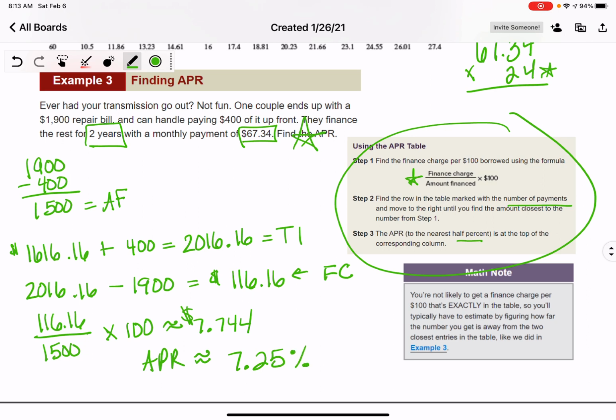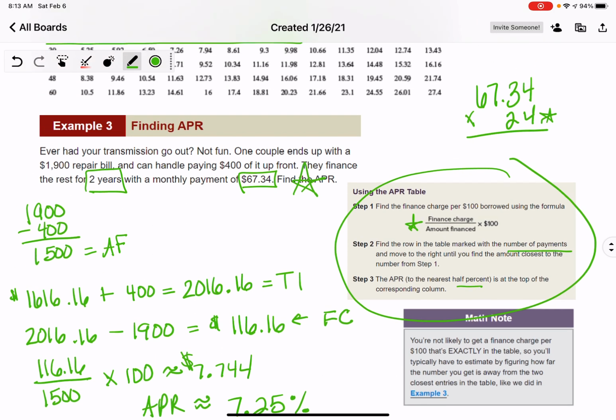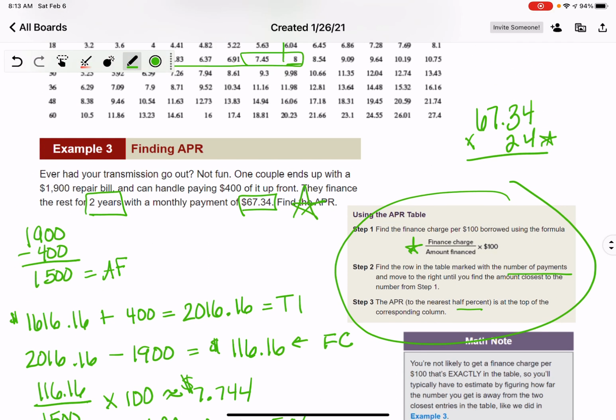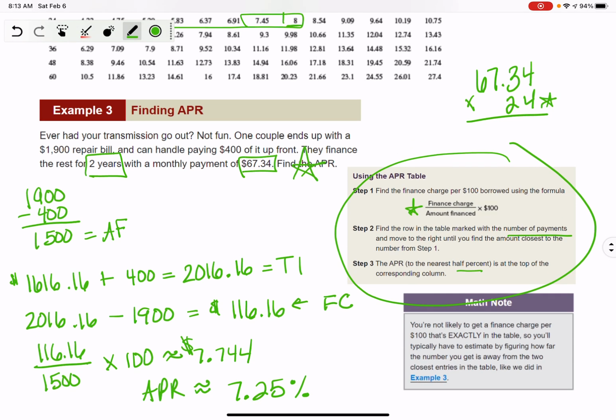Okay. Lots of steps. Let's just look back over that one more time. So step 1, we have to find the finance charge per $100. The total amount they'll have to pay is $67.34 per month for 24 months, which is how we came up with this number.